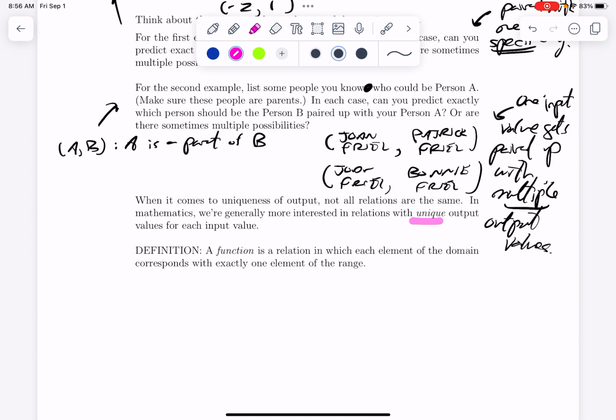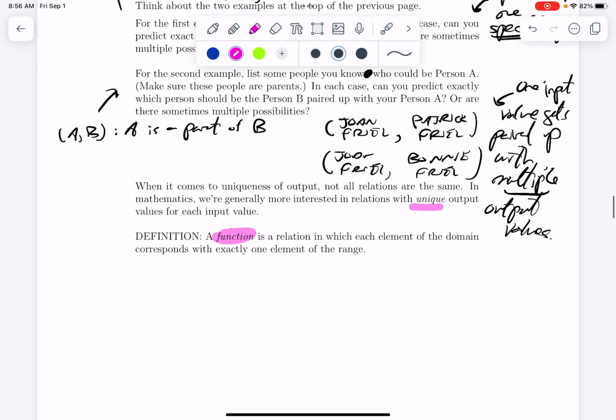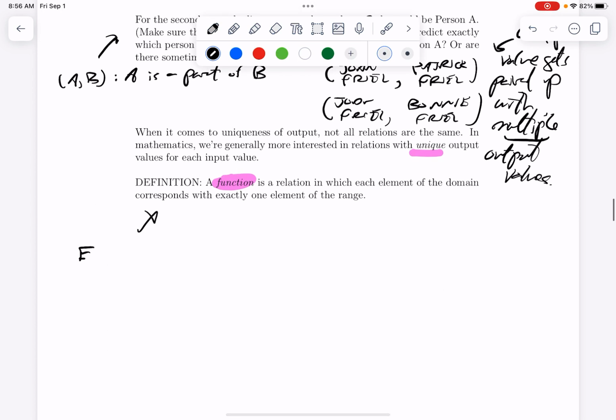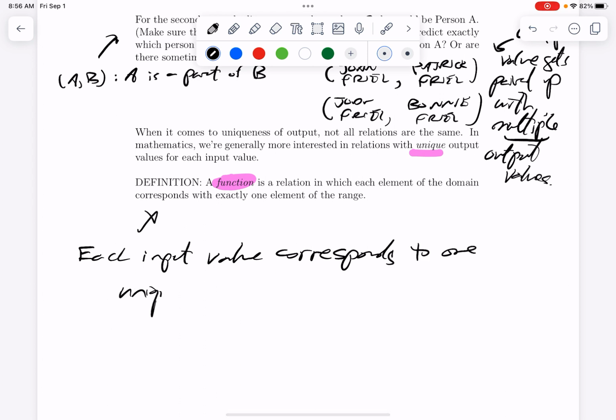So here's our definition. A function is a relation in which each element of the domain corresponds with exactly one element of the range. To rephrase this, each input value corresponds to one unique and specific output value.